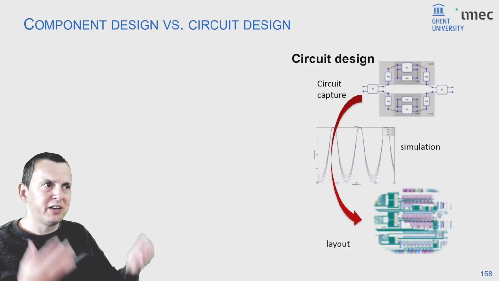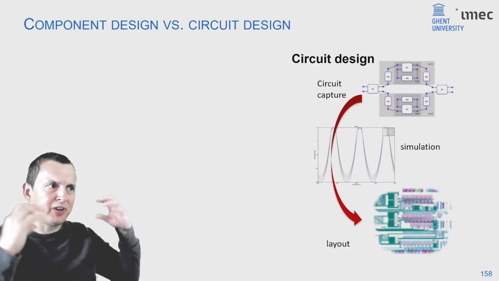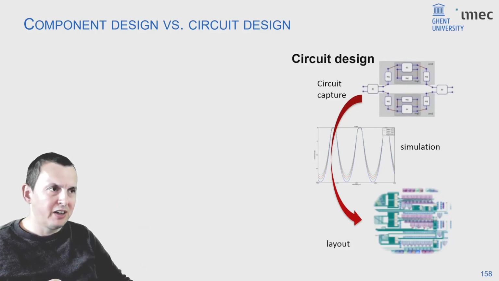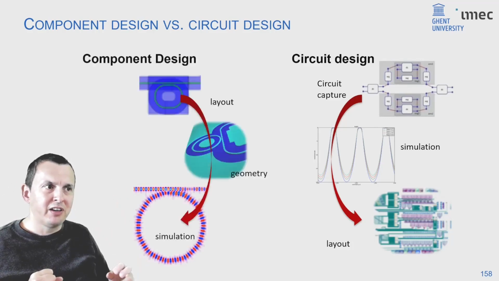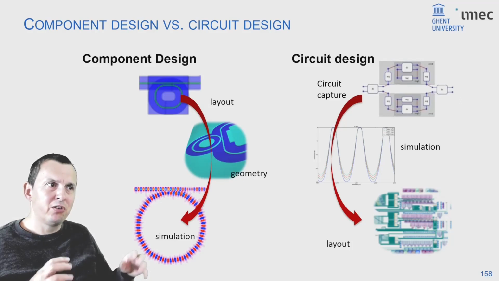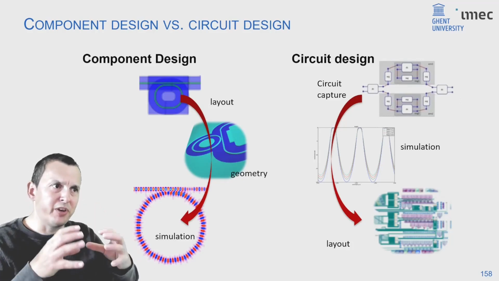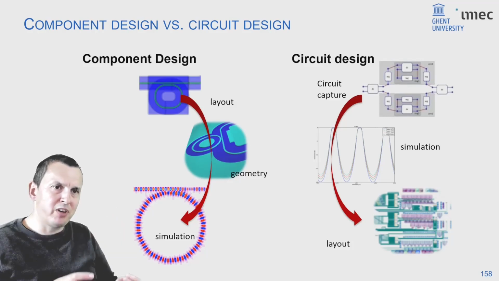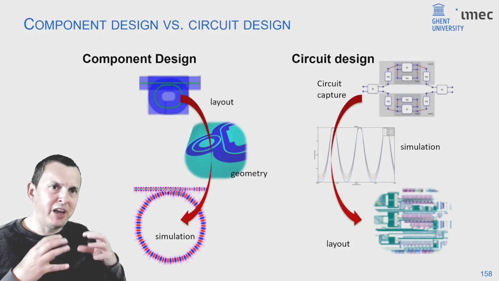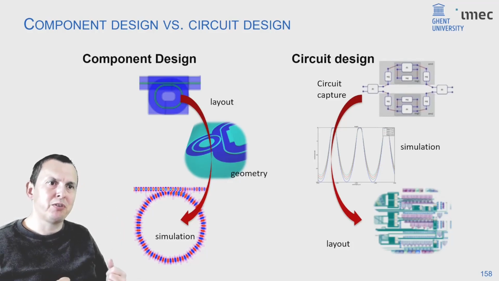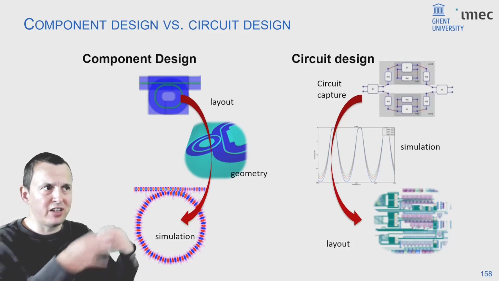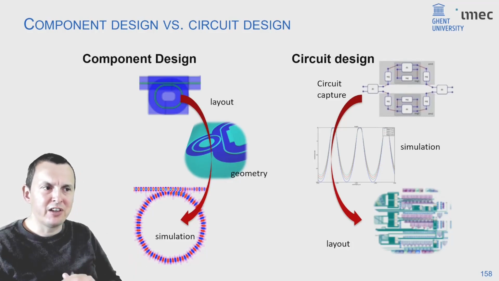So we're basically going down from the abstract to the more concrete. In component design, it's the other way around. You start from some concrete geometry, and in the end you simulate, and what you extract is a behavioral description of your component, which ideally then feeds into the library of the circuit designer so he can use it.